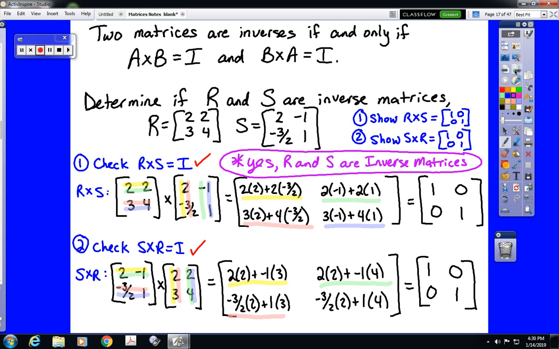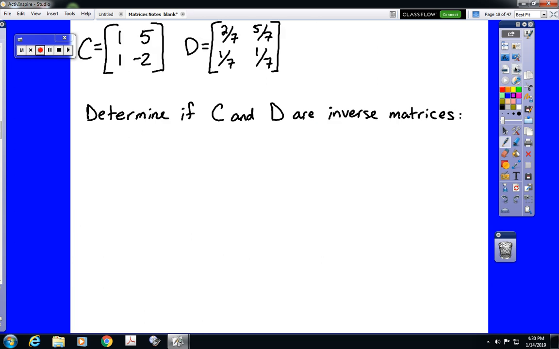Let's do another one. So here we have matrices C and D. Same thing, we're going to have to show that C times D is equal to the identity matrix, which in this case is again a 2 by 2. And then we have to show that D times C is equal to the identity matrix. Same identity matrix. So we start off with that first step.